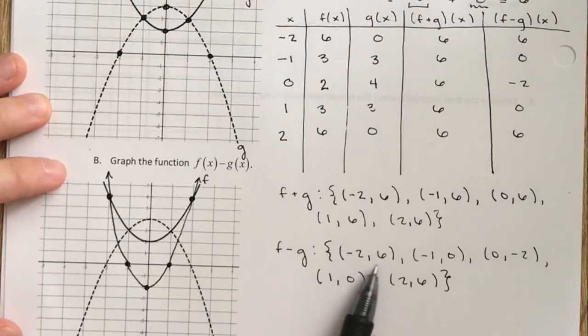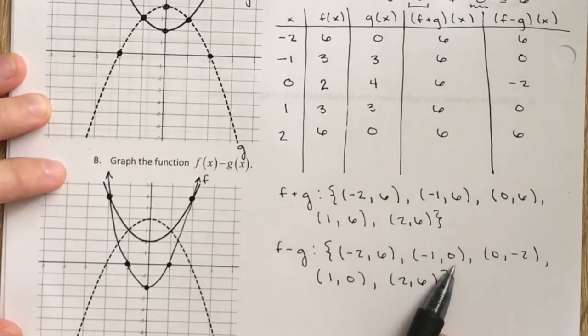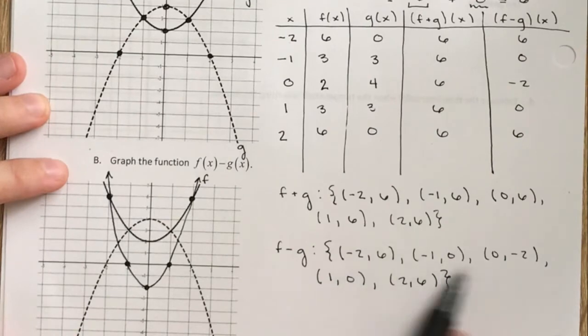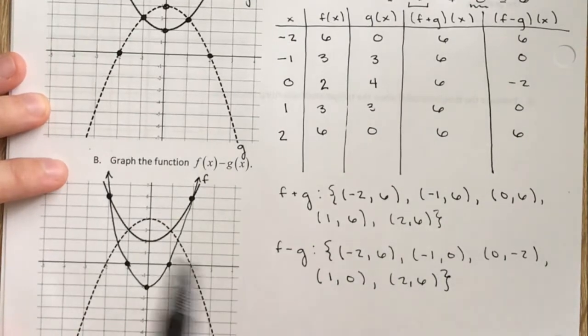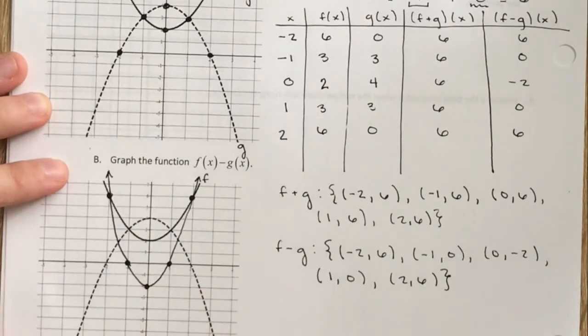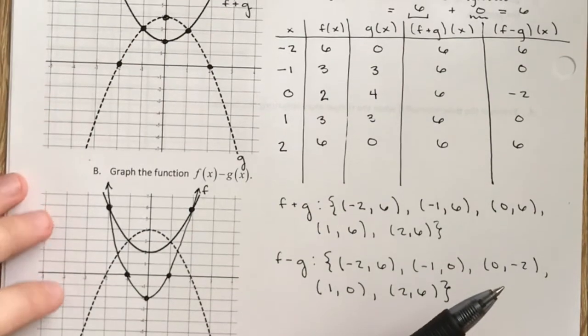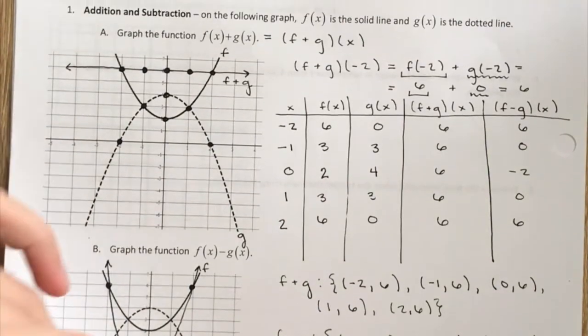So x is -2, y is 6. x is -1, y is 0. x is 0, y is -2, etc. Then we're taking these points and graphing them like so. We end up getting sort of a deep parabola here. Awesome. Okay, let's look at a multiplication question.